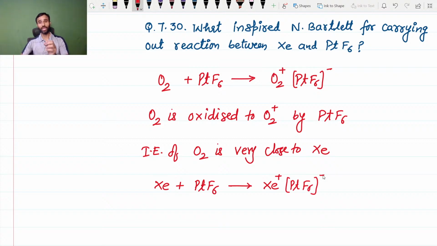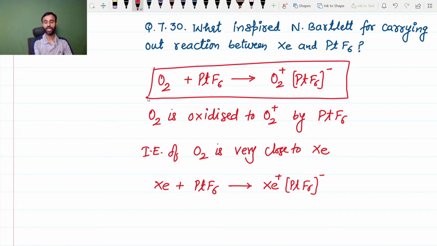So Neil Bartlett was inspired by this reaction, that PtF6 can oxidize the O2 molecule into O2 positive. And when he compared the ionization energy of oxygen and xenon, he found that the ionization energy of O2 is very close to xenon.